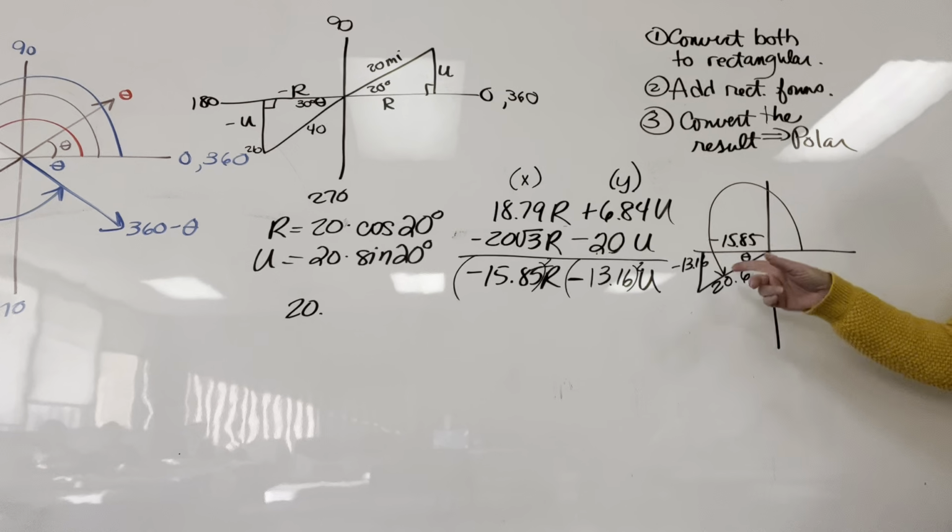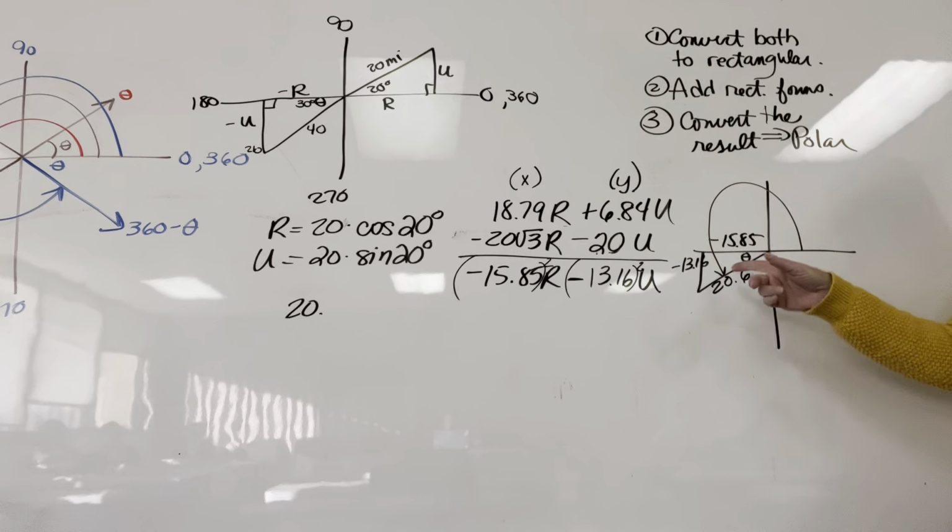R is positive, U is positive. And we're going to add 10 at 170 degrees. What quadrant am I in? Second. 10, and it's at 170 degrees. What's theta here? Michael, what's my angle going to be that I'm going to use? 10 degrees, excellent.